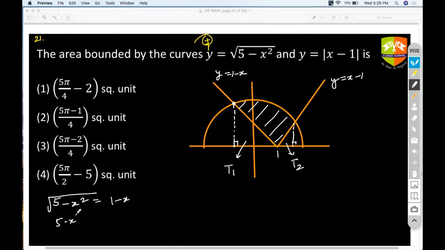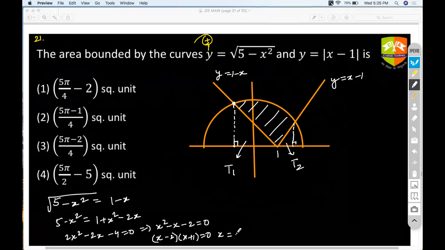So 5 minus x square is 1 plus x square minus 2x. That's going to give you 2x square minus 2x minus 4 equal to 0. That's x square minus x minus 2 equal to 0. This could be factorized as x minus 2 into x plus 1 equal to 0, and this has to be x equal to -1 point. Okay, so this is -1.